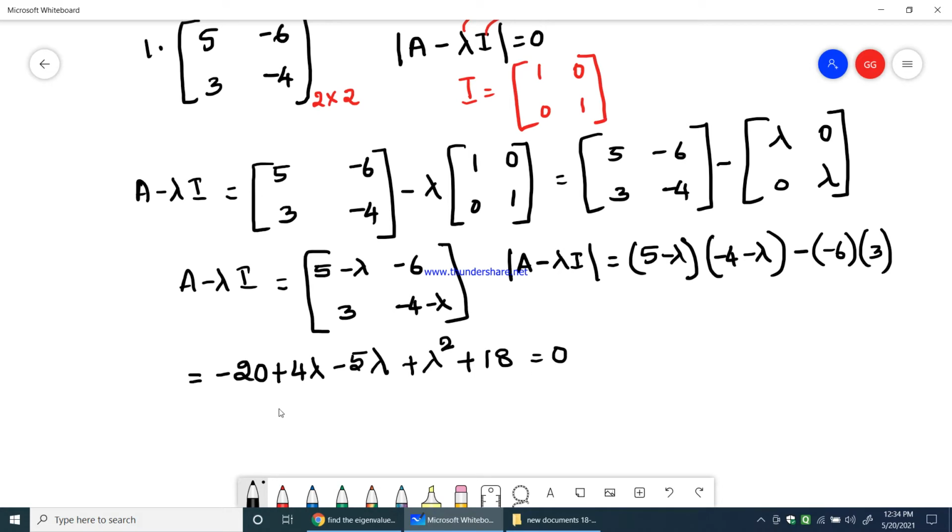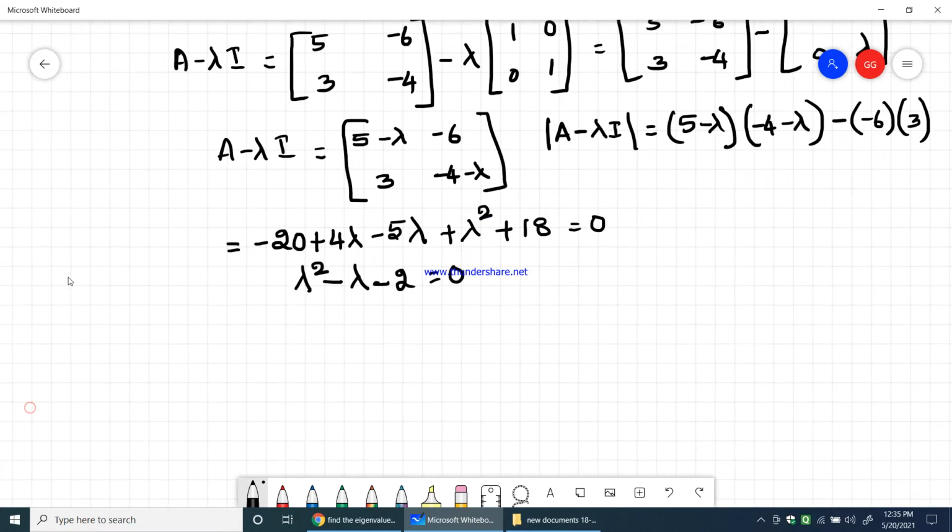We need the determinant of A minus lambda I to be equal to 0. Therefore lambda square, plus 4 lambda minus 5 lambda is minus lambda, and minus 20 plus 18 is minus 2, equals 0.